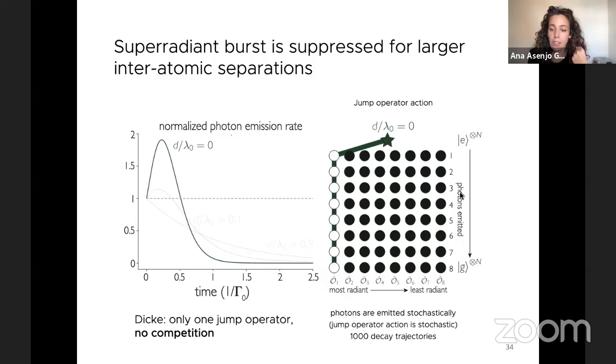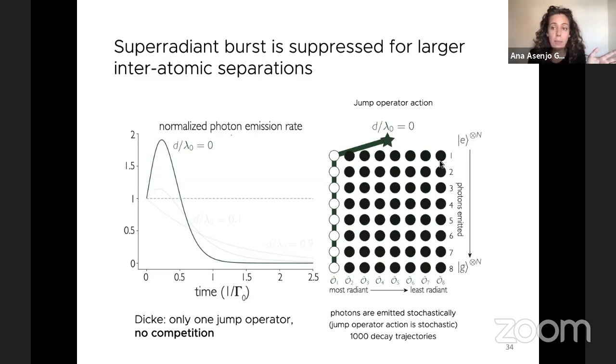As jump operators act, photons are emitted, and eventually we go to the ground state. The jump operators are depicted by these circles, and they go from most radiant to least radiant, with how radiative they are color coded. Here we only have one bright mode, which is white, and all the others are dark, meaning that their rate of action is 0.